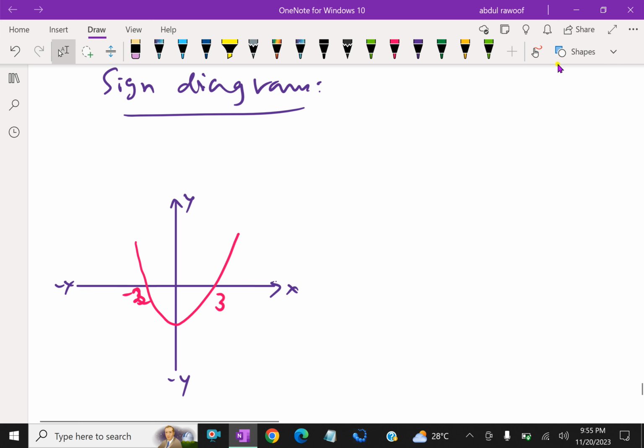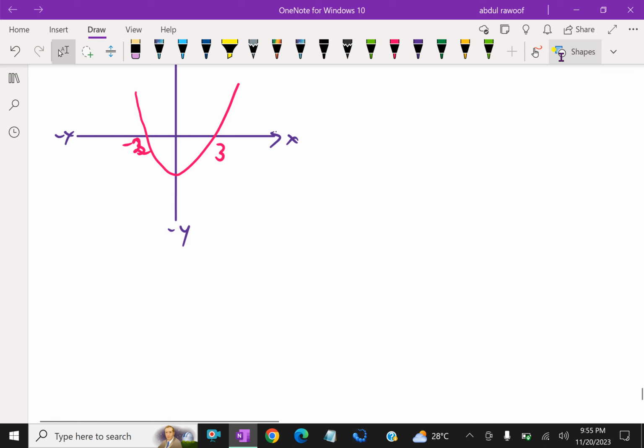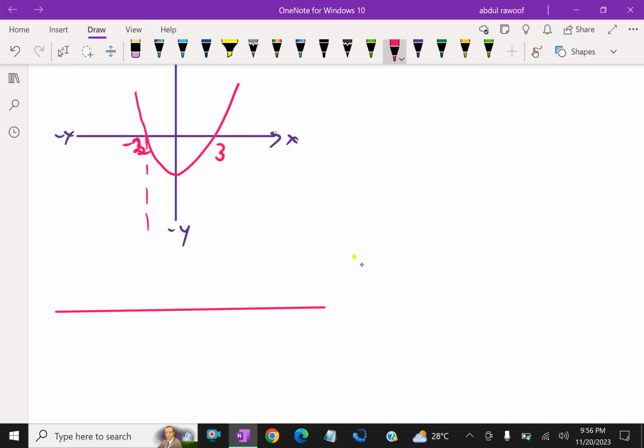Look at here, under this you can write this one. Sign diagram: drop perpendicular lines from both points.